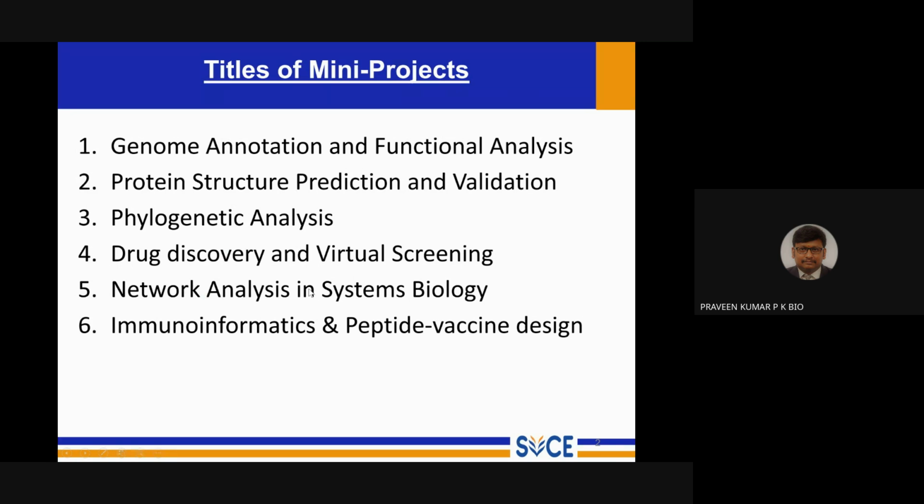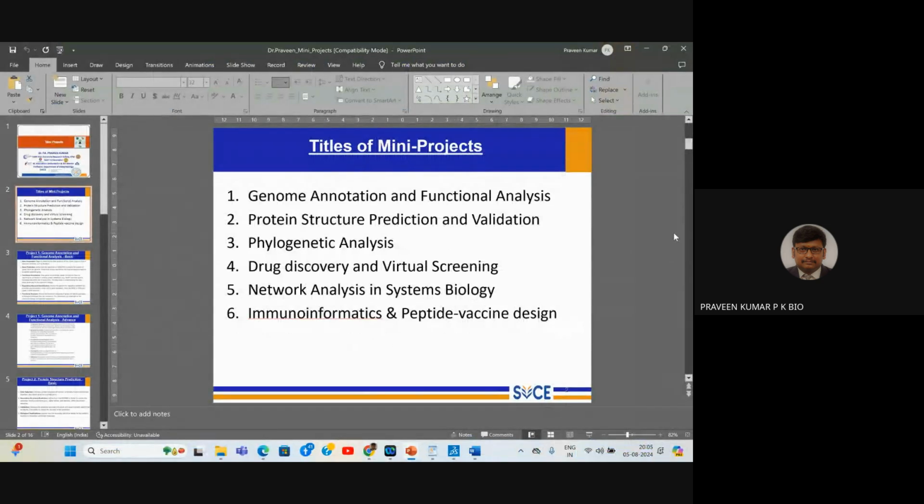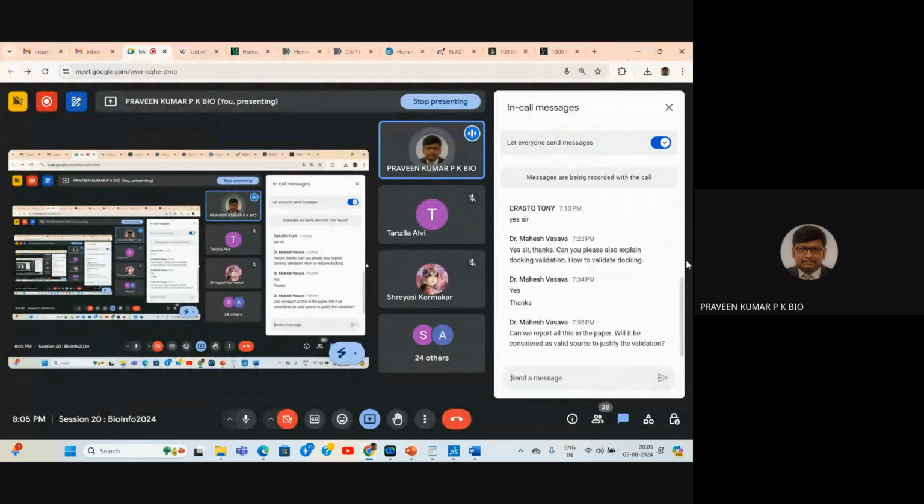Even drug discovery and virtual screening, network analysis, systems biology, especially Cytoscape and how the MATLAB tools are used. And the immunoinformatics approach. This is something new which is uncovered in bioinformatics, dealing with immunological molecules and peptide-based vaccine design. Some of these titles we can discuss tomorrow.